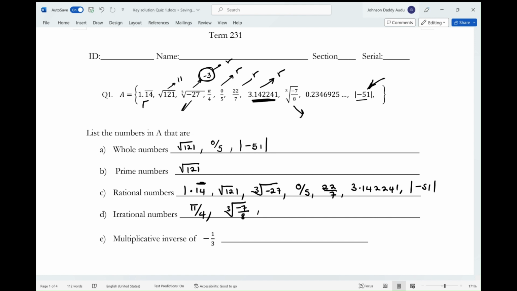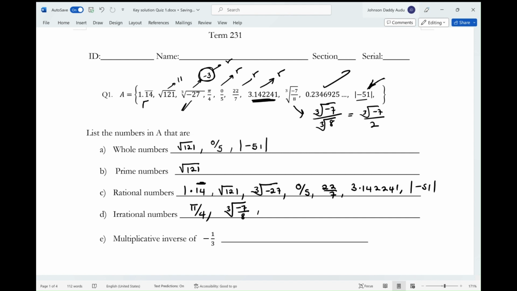If you look at this, let me rewrite this. You can write this as cube root of minus 7 over cube root of 8. The cube root of 8 is nice, which is 2. But look at the numerator. The numerator is still irrational. So everything becomes irrational.